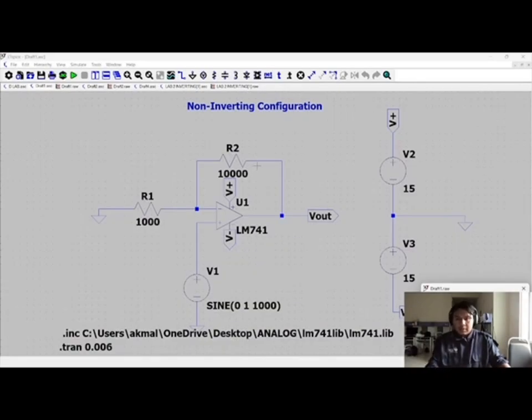Next, this is our second circuit, that is the non-inverting amplifier. This is my non-inverting circuit that I have built, different from the first one because the V in is over here, connected to the positive input of the LM741, and this is the output. The value of R2 is different from the inverting circuit, because the other one is 33,000 and this one is 10,000.